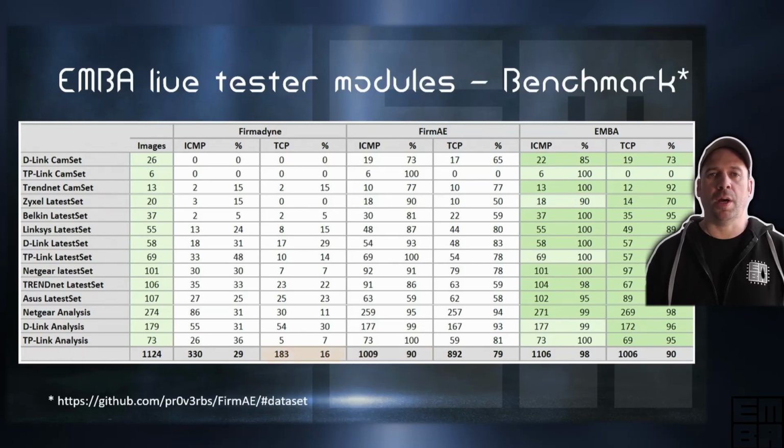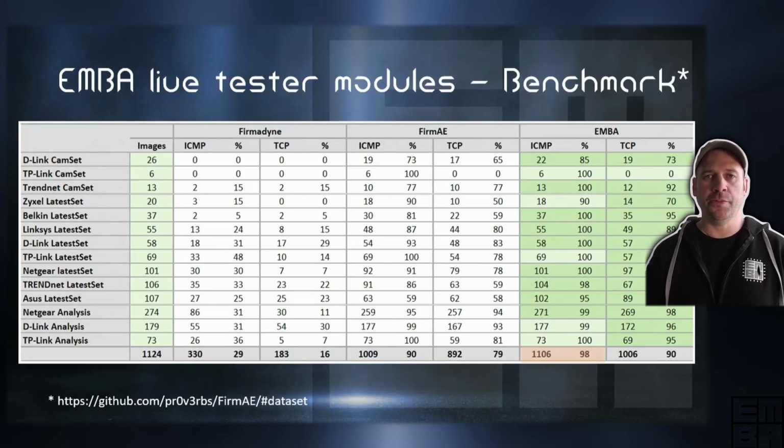If we are talking about some services, some network-based services, Firmadyne was able in 16% to boot the device to a state where we were able to communicate with some network service. FirmAE has improved this rate to nearly 80%, which is quite a high number now. And the re-implementation as EMBA modules, you can see it on the dark green fields that nearly everywhere we found some improvements.